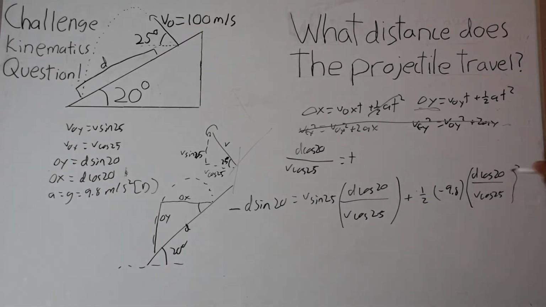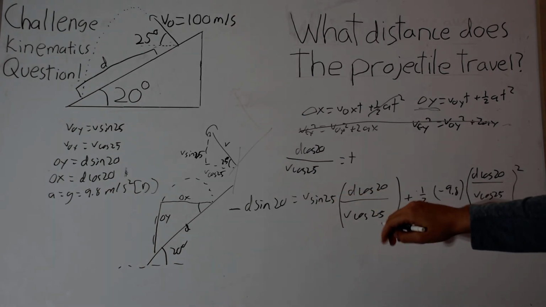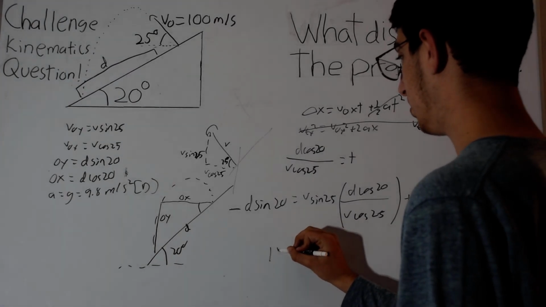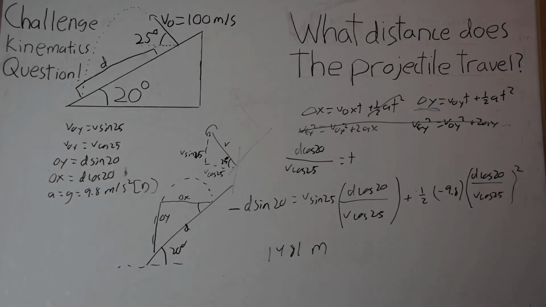And now that I've done that, and all of our positive velocities and distances are positive, and our negative velocities and distances are negative, I can plug this in and I can get the right answer, which is 1,481 meters.